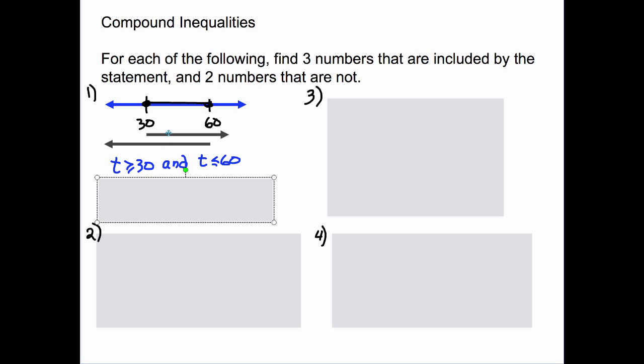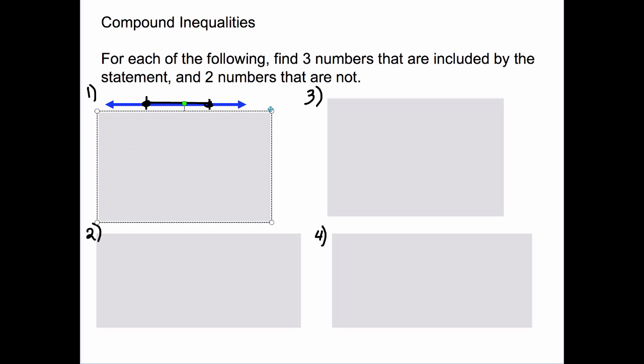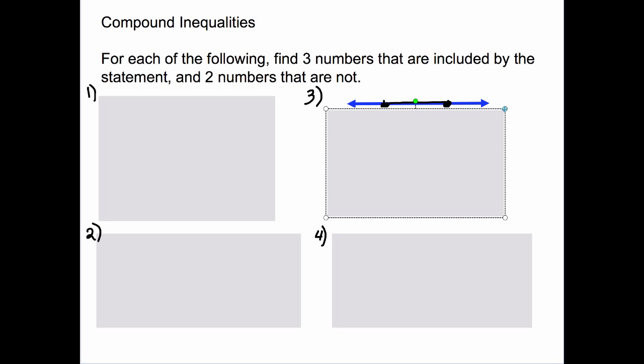And you'll notice that if you look at these 2 inequalities here, these graphs, the part that we're interested in, in an and inequality, is the part where they overlap. Now for and inequalities, we can also write them like this. 30 is less than or equal to t is less than or equal to 60. Let's jump to the third problem because that's the same type of inequality, an and inequality.